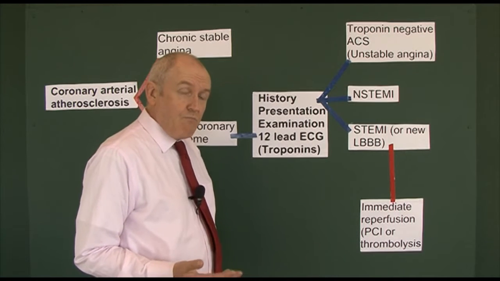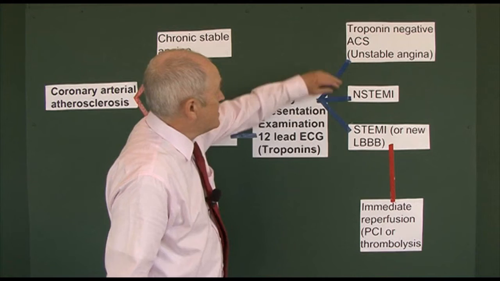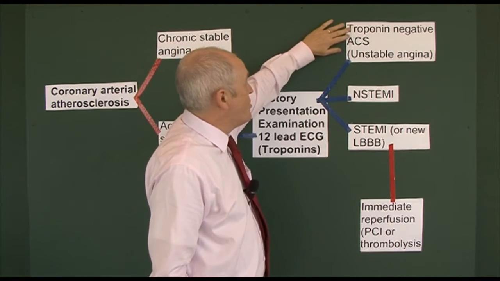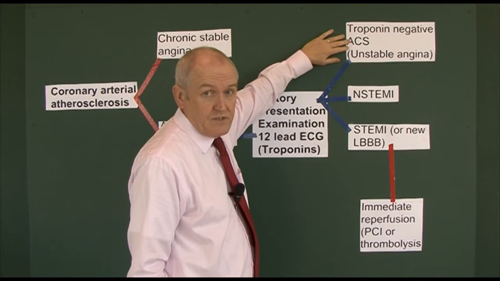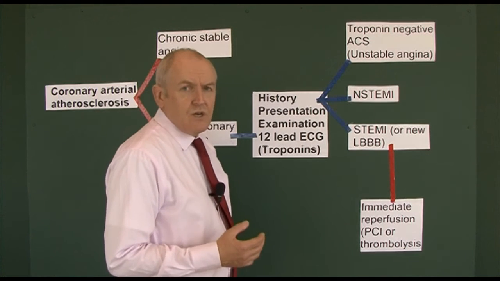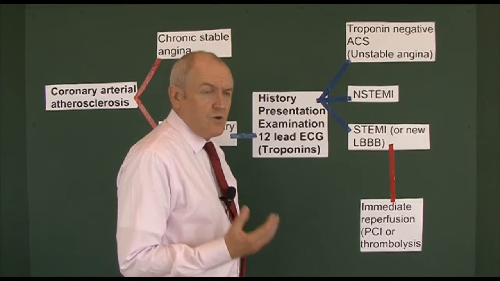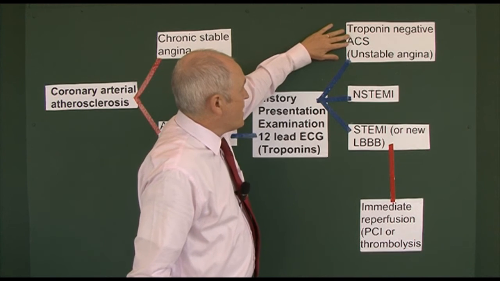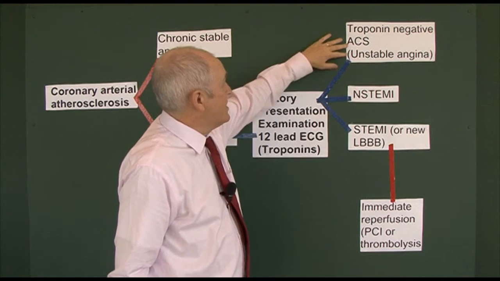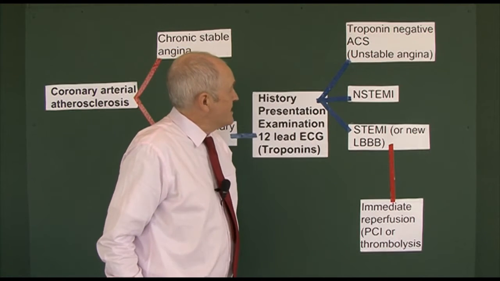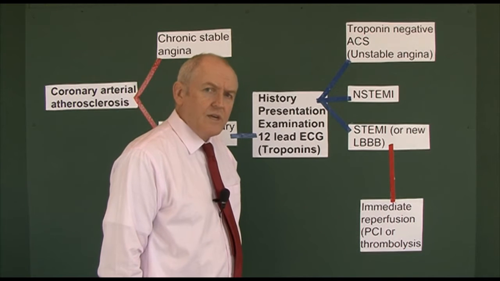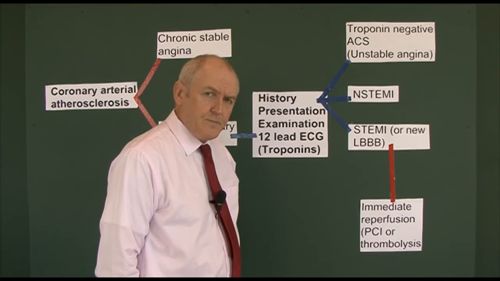What you might call the mildest form of acute coronary syndrome is unstable angina, sometimes called troponin negative acute coronary syndrome. So here we're going to have white thrombus reducing the blood supply, causing clinical features, but the reduction in blood supply to the myocardium is not sufficiently severe to cause the release of troponins, nor will it cause ST elevation.